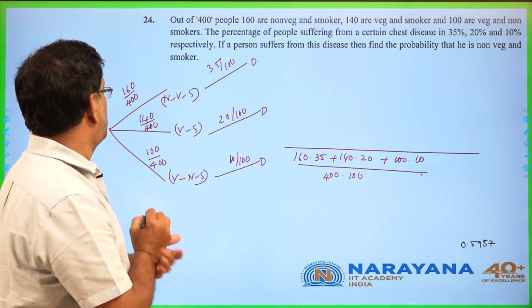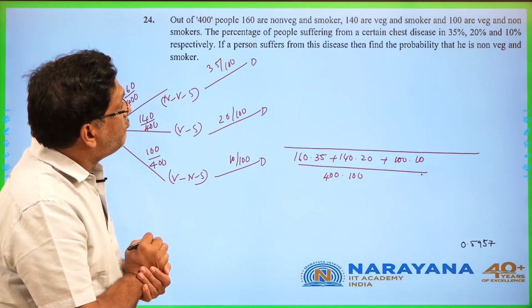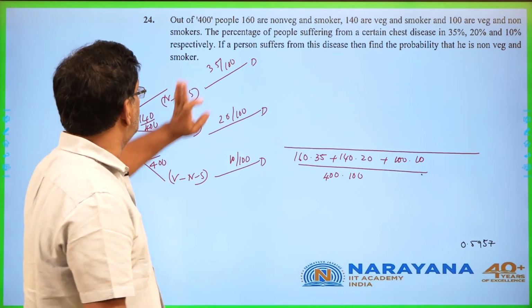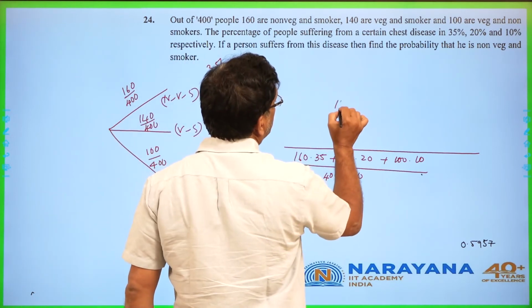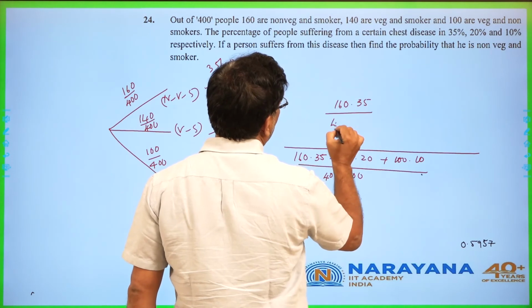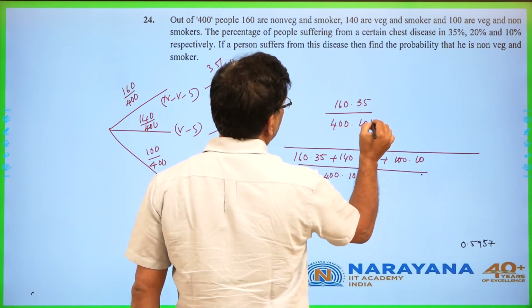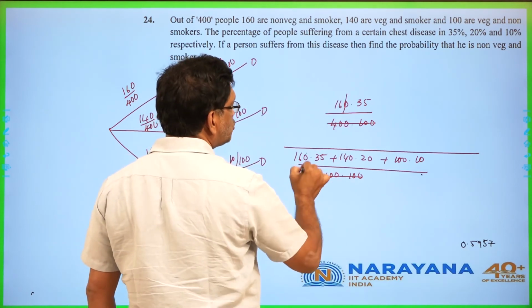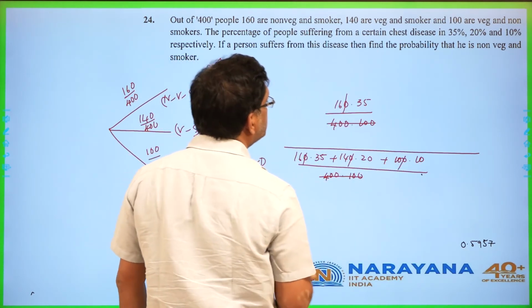Right? Numerator. What is that? Find the probability that he is a non-veg smoker. That is 160 into 35 by 400 into 100. We can cancel. 0 is also there in every term, cancel.